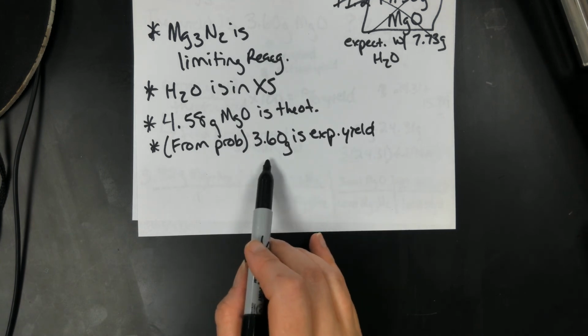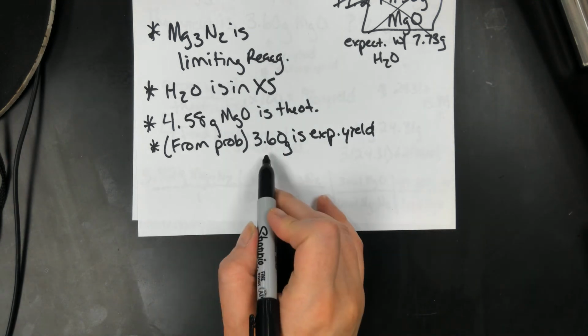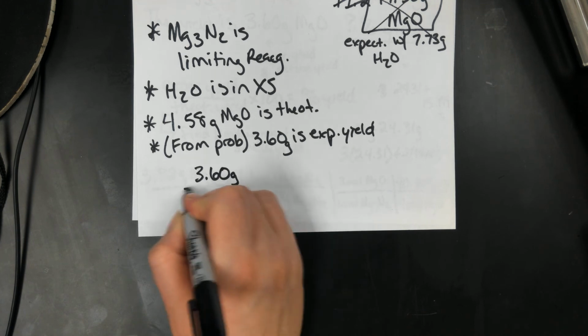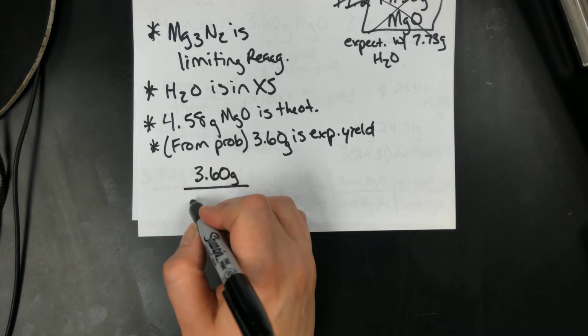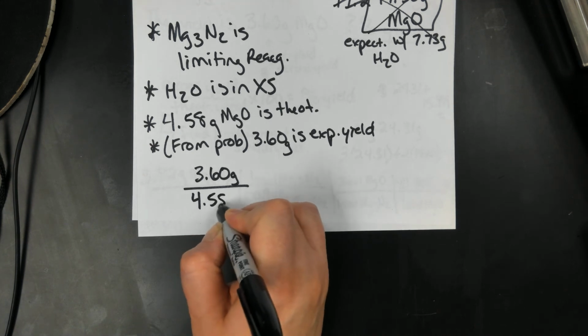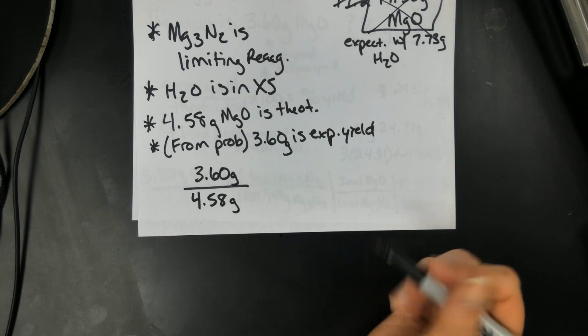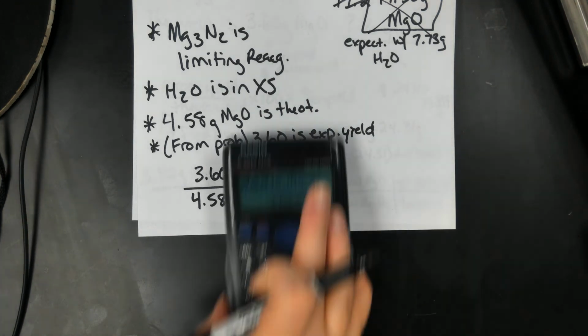So, how do we find the percent yield? We put the experimental, or actual, which is 3.60, divided by what we should have gotten. If everything went perfect, we should have gotten 4.58. You multiply by 100, and then that's our percent yield.